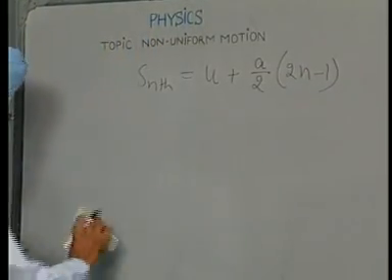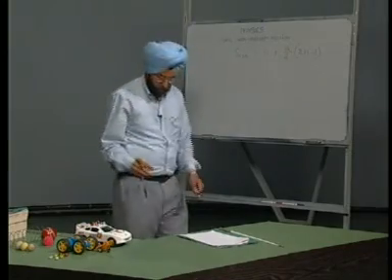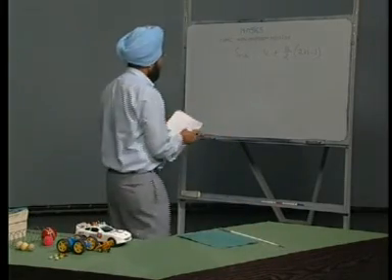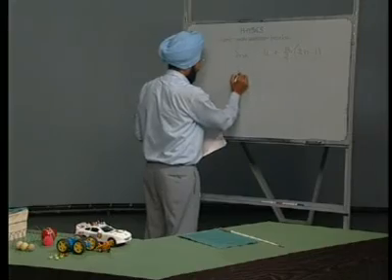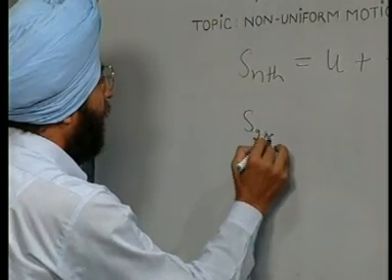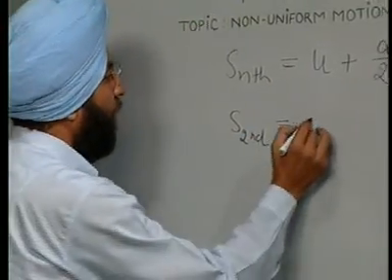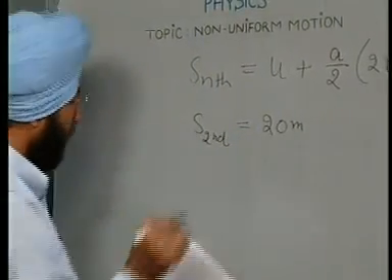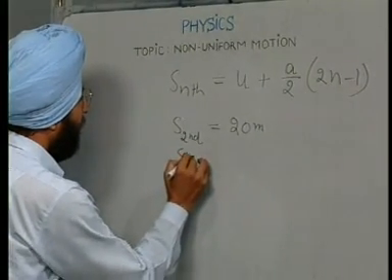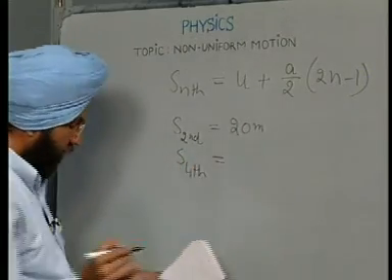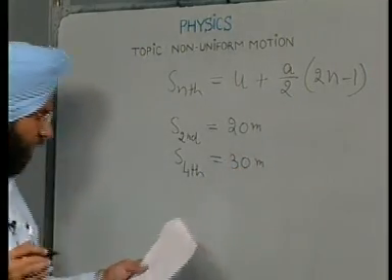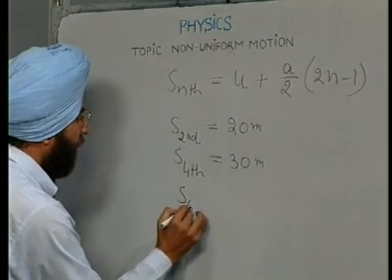Now, if the distance travelled in the second second is equal to 20 meter, and the distance moved in the fourth second is equal to 30 meter, we are to find the distance travelled in the sixth second.